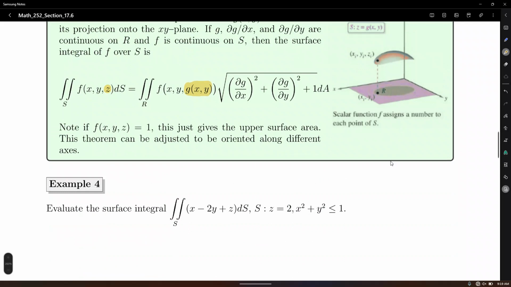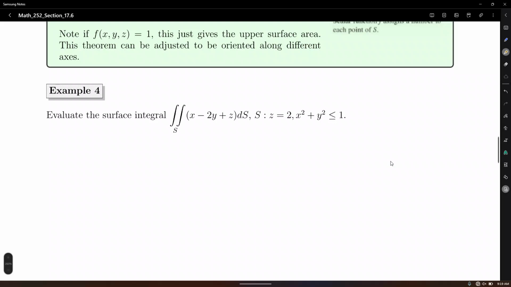Evaluate the surface integral of x minus 2y plus z dS, where S is the plane z equals 2 and x squared plus y squared less than 1. So that is all the points inside the cylinder of radius 1.